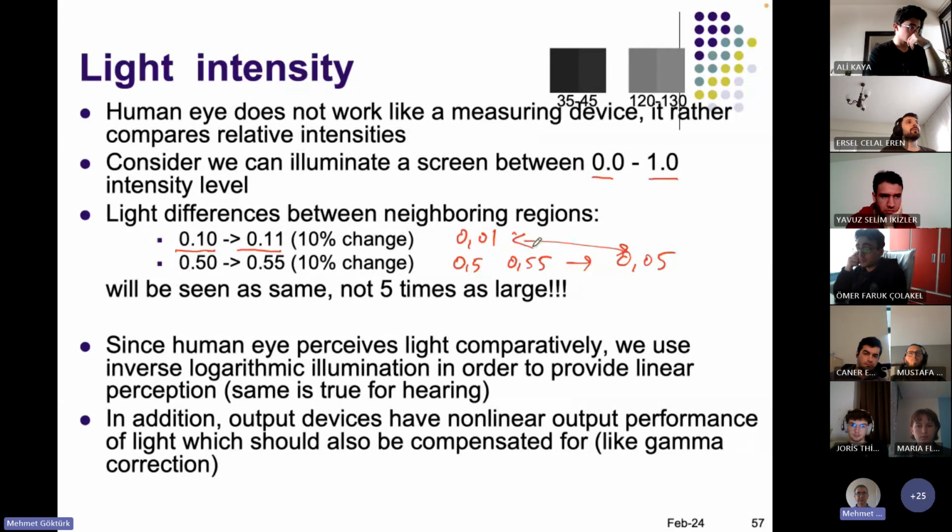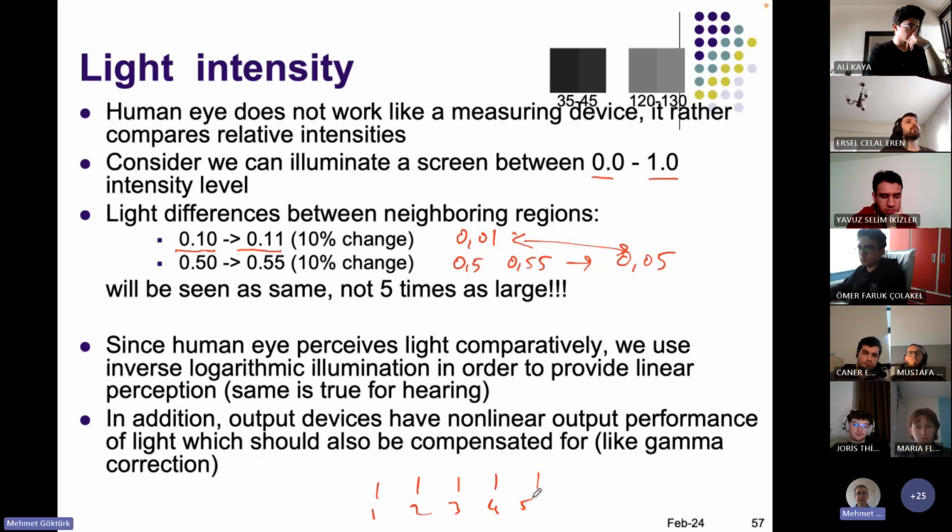Therefore, when you are playing with the intensity, when you are playing with the color in the interface, increasing, decreasing, etc., make the scales not based on absolute values, but relative values.